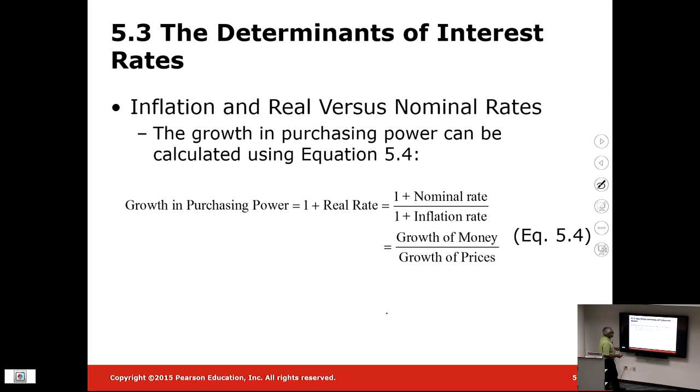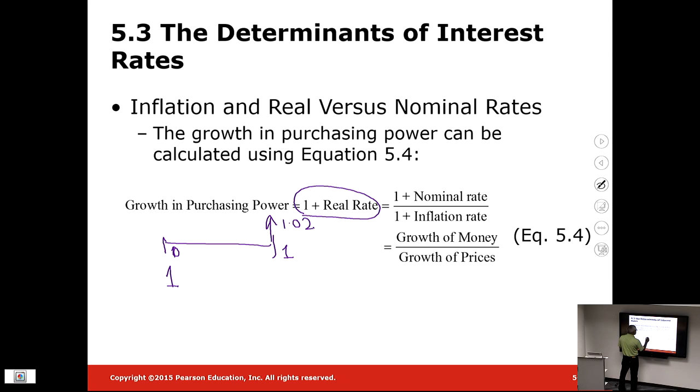So the real rate is going to tell us the growth in purchasing power. It is 1 plus the real rate. So if I invest $1 today at period 0, then at period 1, if that dollar has grown to $1.02, then my inflation is 2%.